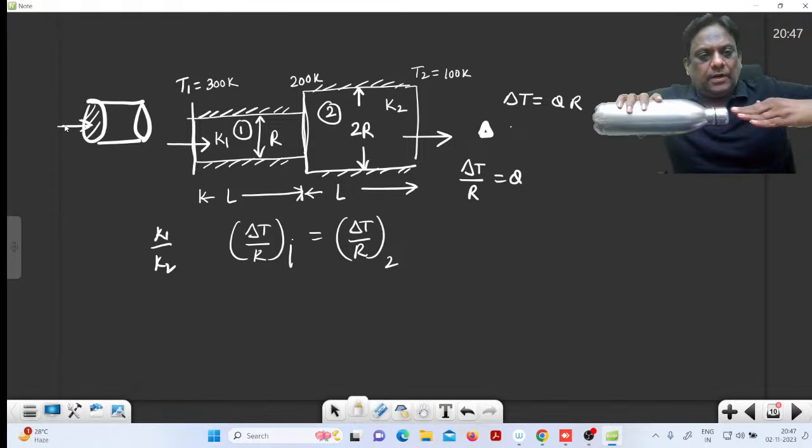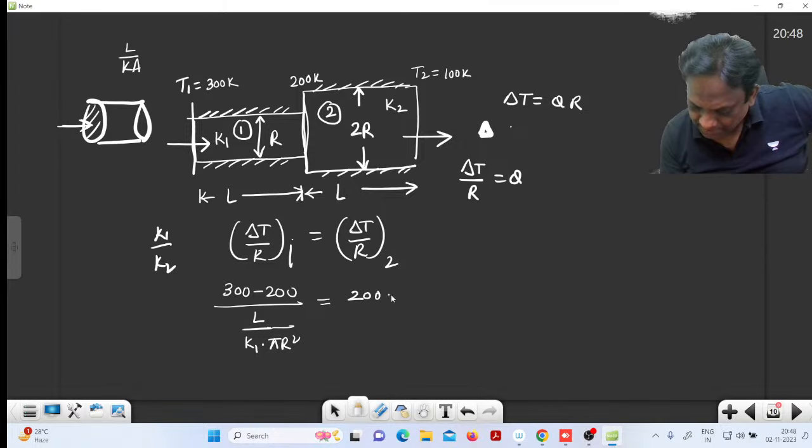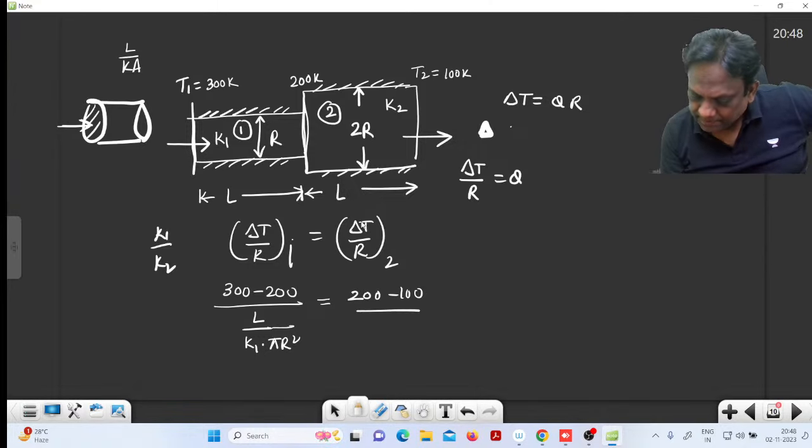Because through cross section heat is conducted. The lateral surface is insulated, तो इससे कंडक्ट हो रहा है. Excellent sir. So this should be equal to delta T. For second, what is delta T? 200 minus 100.